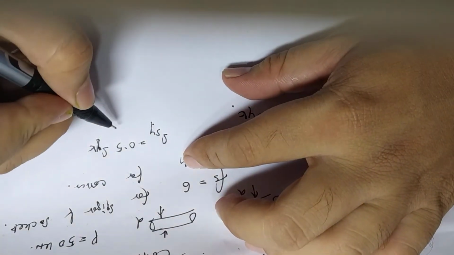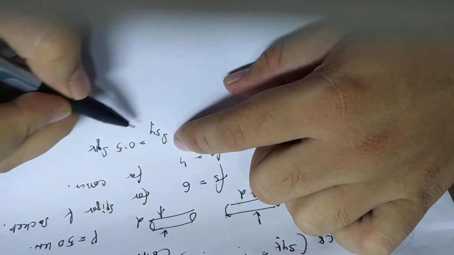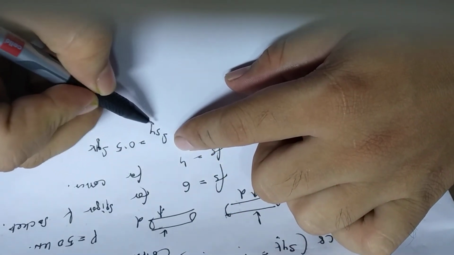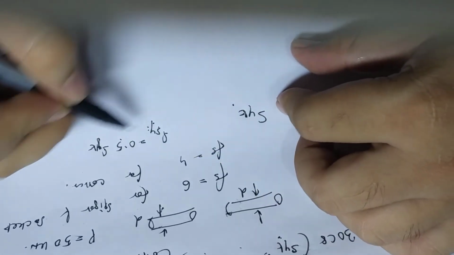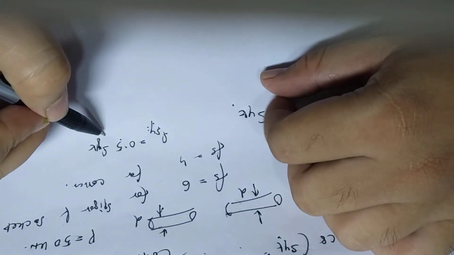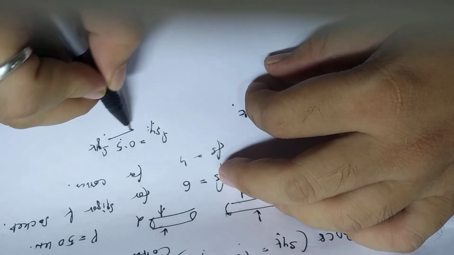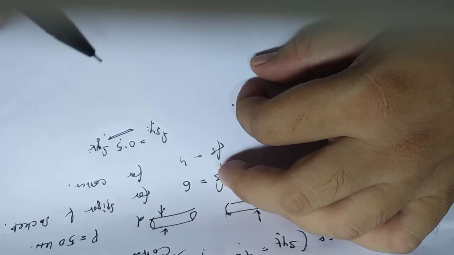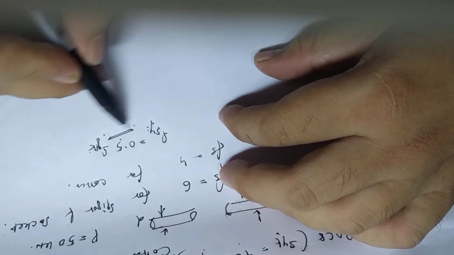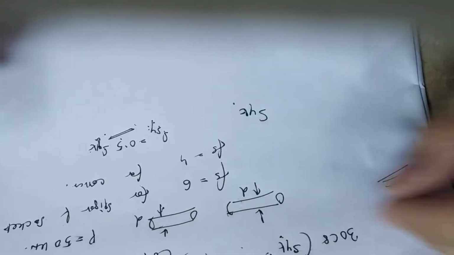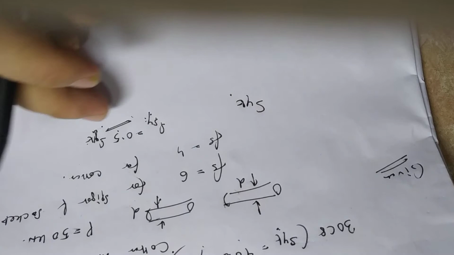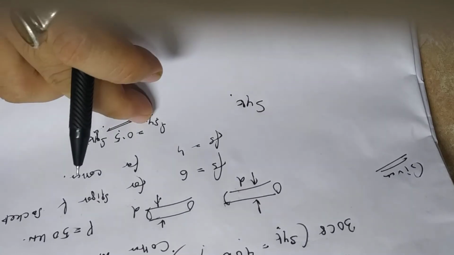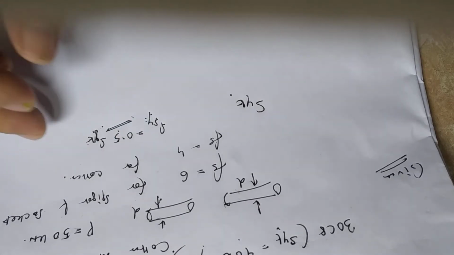Yield strength in shear is 0.5 times SYT, the yield strength in tension. We'll use this in this problem. By the way, this information will also be given to you in a question.